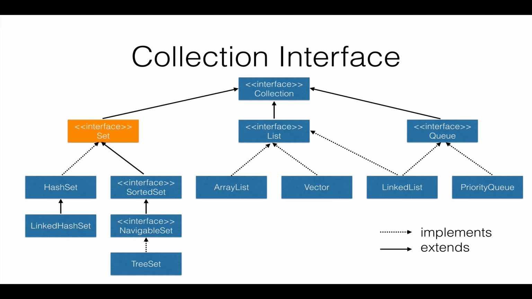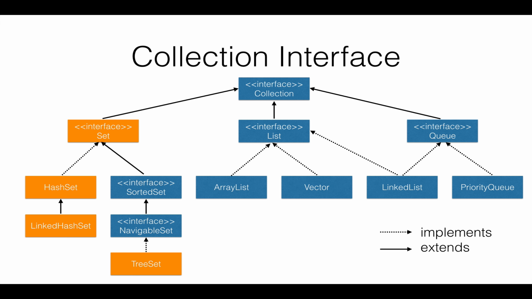Now let's have a closer look at the interfaces and classes that extend or implement the Set interface. HashSet, LinkedHashSet, and TreeSet are all implementing the Set interface. HashSet is the default implementation that is used in the majority of cases.